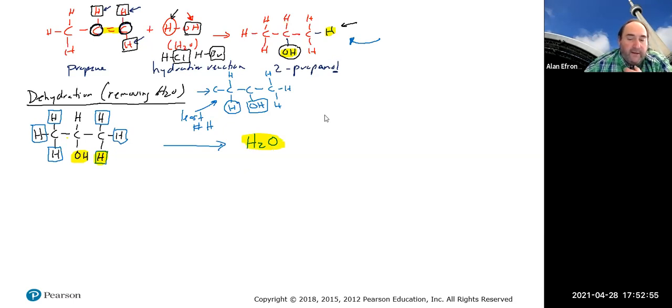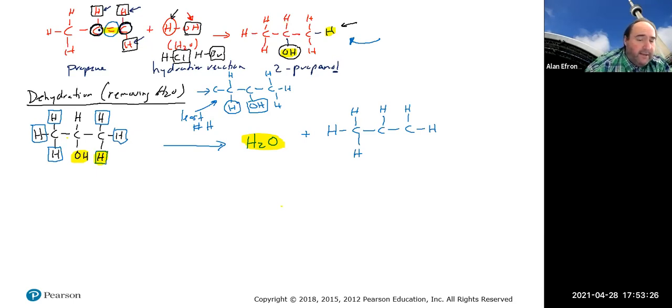And then what are we left with in terms of the structure? Well, just like the other stuff, we want to copy it exactly the way it looks. So I'm not going to change anything other than I'm going to take off those 2 things, the OH and the hydrogen. So if I do that, something like this. Now, when we put the water on above, we did it by breaking the double bond to make room.